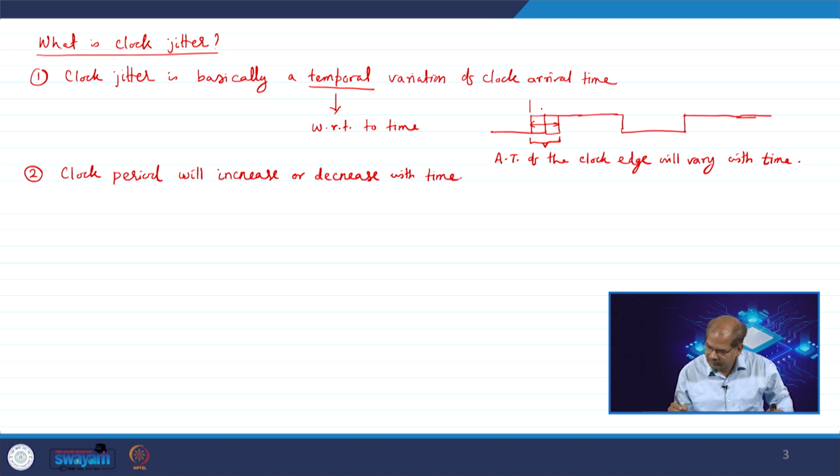Let us say I have a band here also, in between which your signal can change. Ideally, let us say the time period is this one.